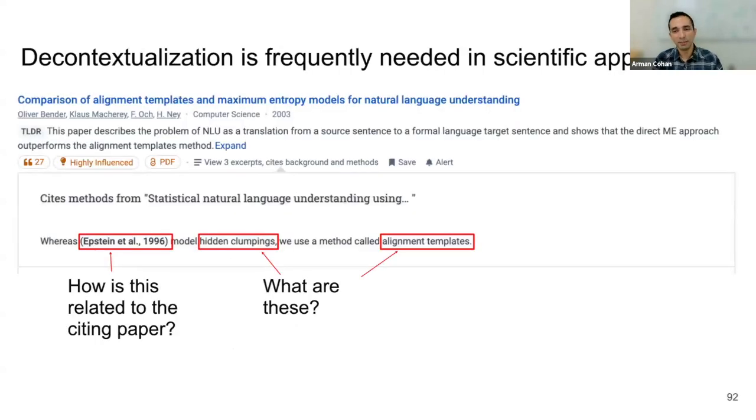So this is one of the important things that you need when you're reading papers too. For example, you see a lot of statements like, whereas Epstein et al. modeled hidden alignments, we use a method called alignment templates. And then your question is, what are these concepts that this paper uses, or how is this cited paper relevant, and so on.